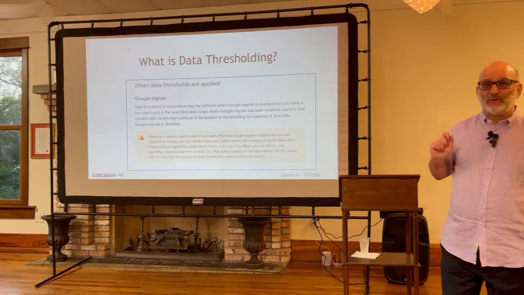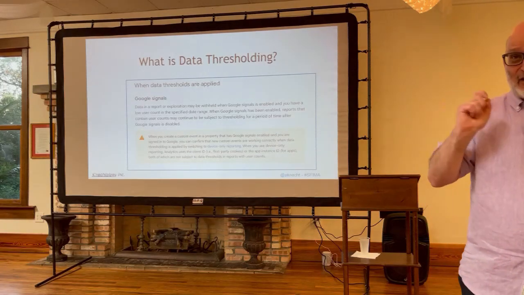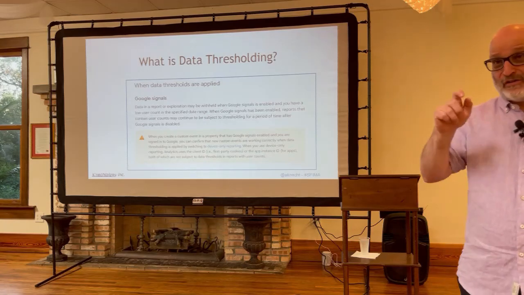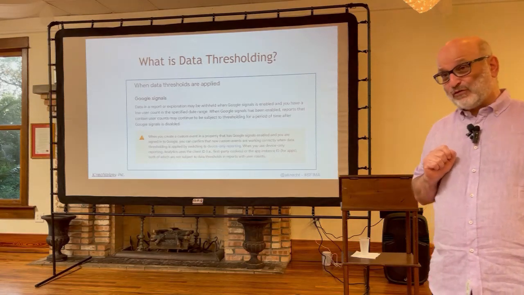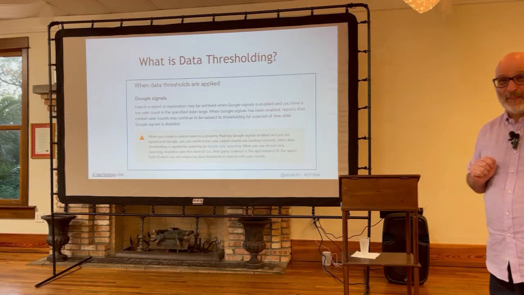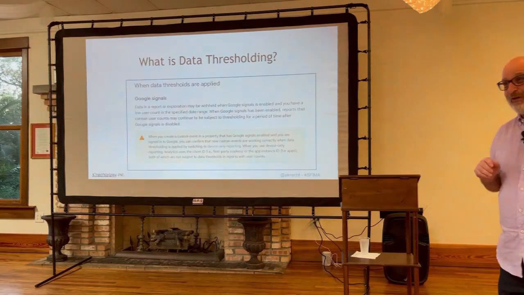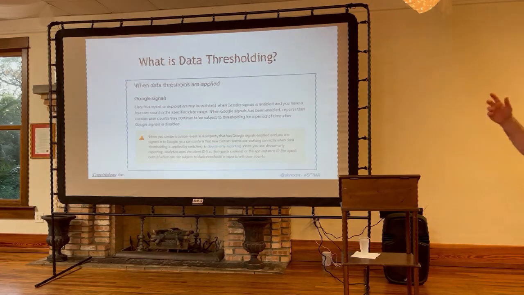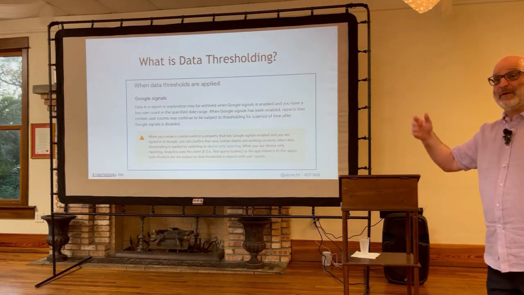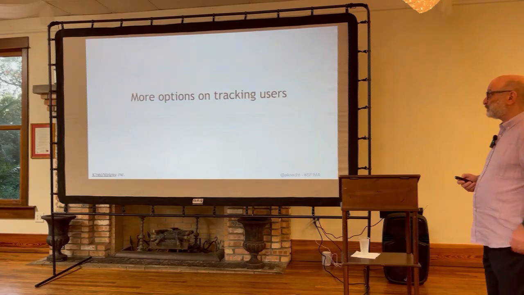So if you don't accept the cookie on visiting somebody's website, and you're logged in with a Gmail account where you said that you could personalize ads for me, they will track you that way. So that's part of the privacy questions that are going on now with all this. And that's why they're thresholding data, because you might be able to narrow down who that particular person was. So that's one of the things about Google Signals.